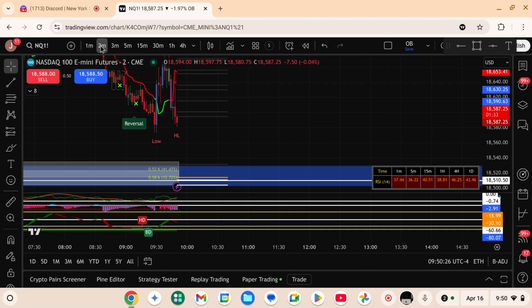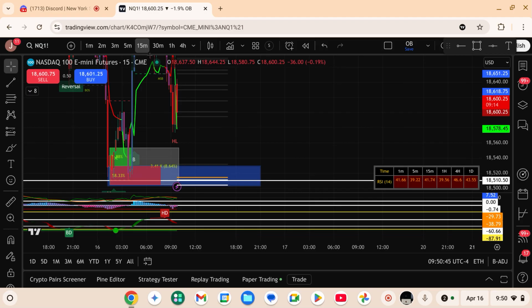If we close below this, could be a possible sell, but I don't think this is worth the 1R. I'm not taking a fucking 1R. Fuck that. I need at least 9R. No, I'm kidding, but I need at least a 1 to 2, or I'm not taking it.